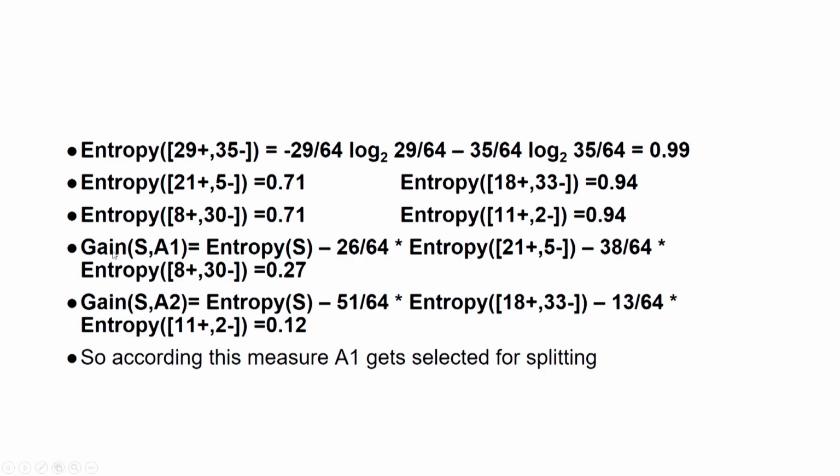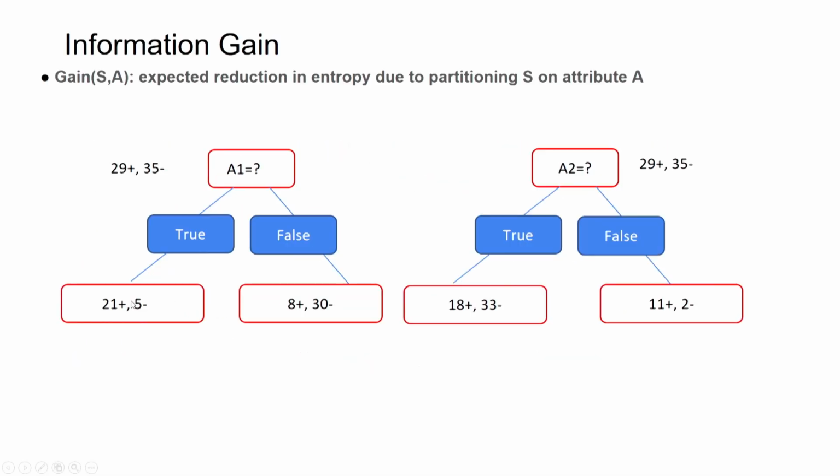Then we calculated the gain of A1. That is nothing but the entropy of S minus the weighted average of the entropy of these two nodes. So, you see here we have 26 instances.